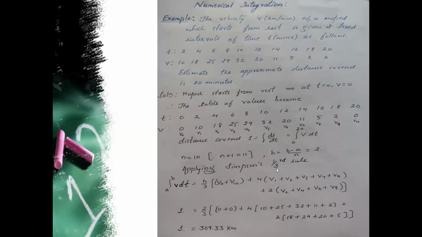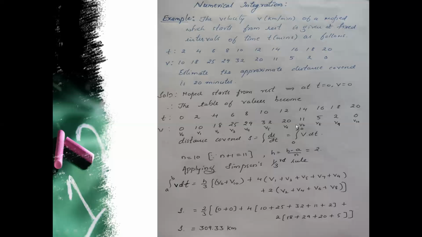Now let us apply Simpson's one-third rule, because n is a multiple of 2. Now integration from a to b of v dt is equal to h by 3 times y naught plus yn. So instead of that, v naught plus last value of v, that is v10, plus 4 times odd suffixes of v.